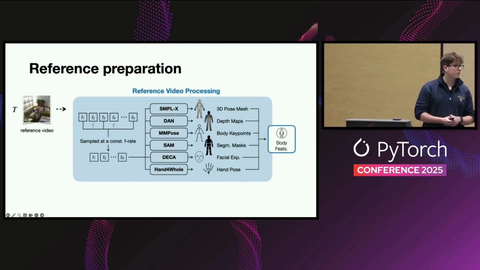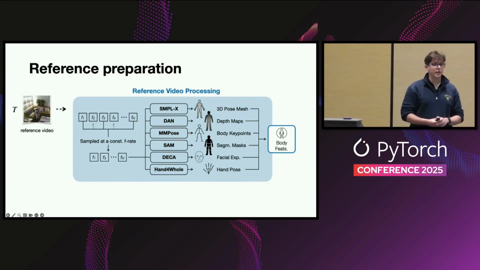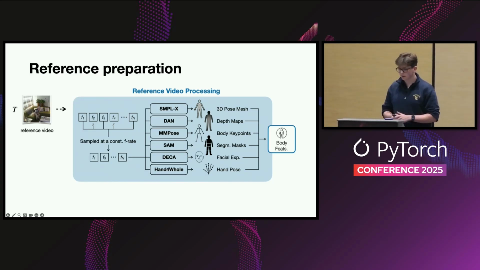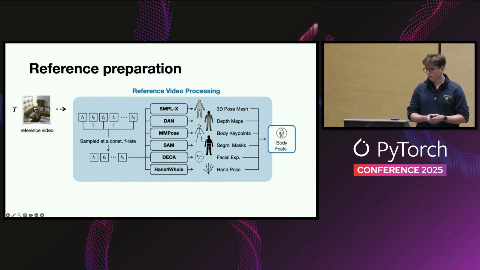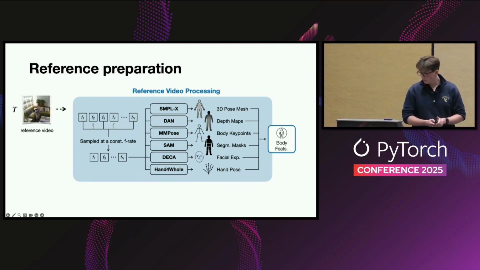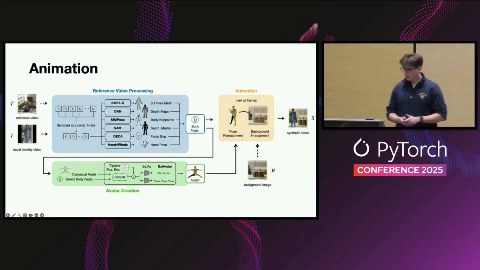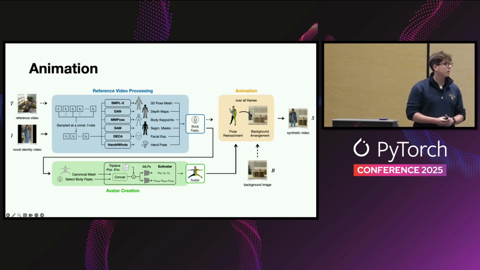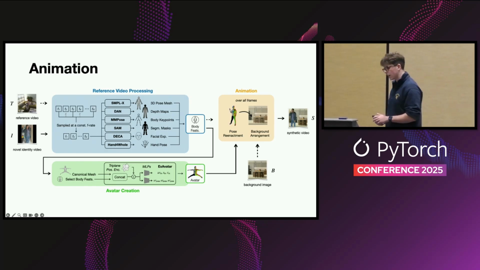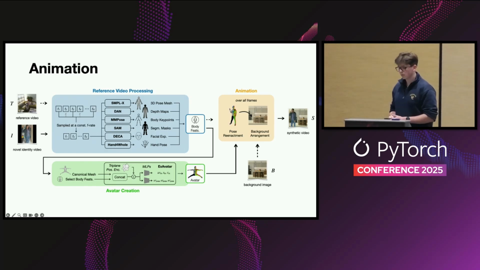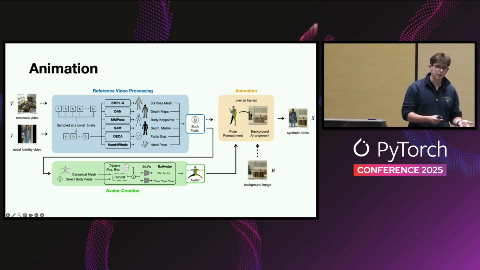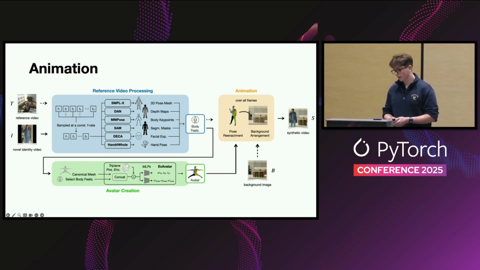Next, we have the reference video preparation, where we extract the pose of the person in the dataset video, where we extract all the same information and have the body feature tensor as before. And then the whole combined method is where we reenact the trained identity on a new background and performing the action that the person in the reference video was doing.